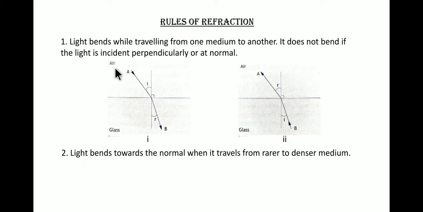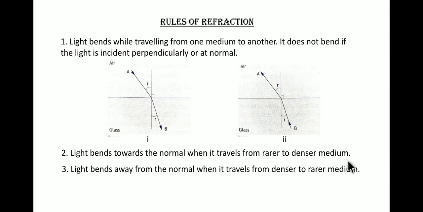The light is entering from air, the rarer medium, to glass, the denser medium, and when the light enters, it bends in such a way that it gets towards the normal. It is not away from the normal, it is getting towards the normal. So light bends towards the normal when it travels from rarer to denser medium.